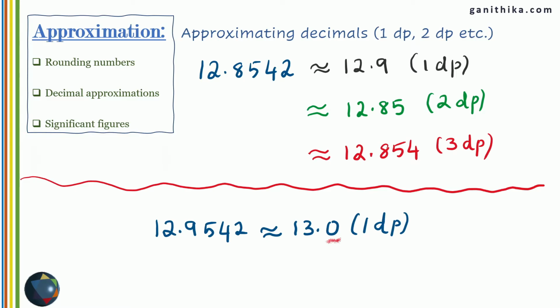So you have to put that decimal place number there. In this case, the number in the first decimal place is 0. Therefore, it has to be shown in the answers. So writing the answers appropriately is also very important in the DP mathematics course. Therefore, 12.9542 approximated to 1 decimal place should be written as 13.0 and not 13.